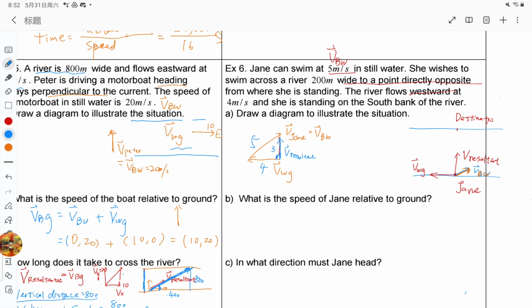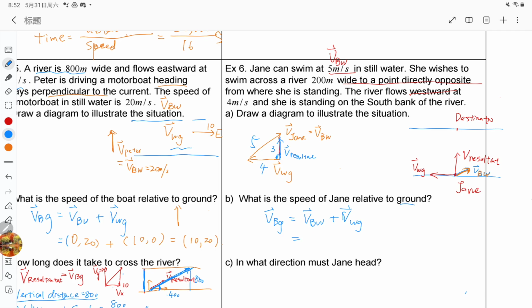Relative to the ground is just V resultant, right? So the speed of Jen relative to the ground is exactly the same as the speed of the boat relative to the ground, right? So VBG is still our VBW plus VWG, right?